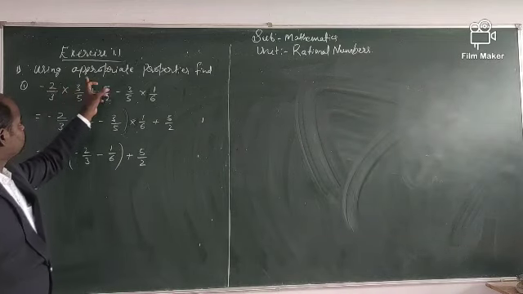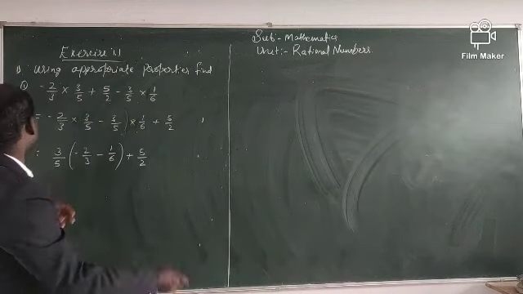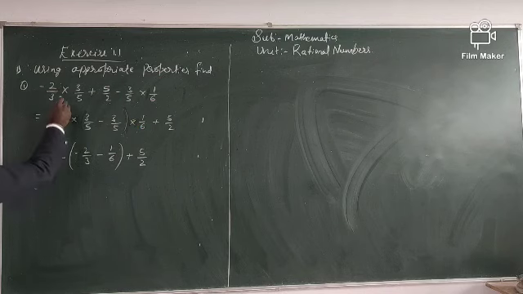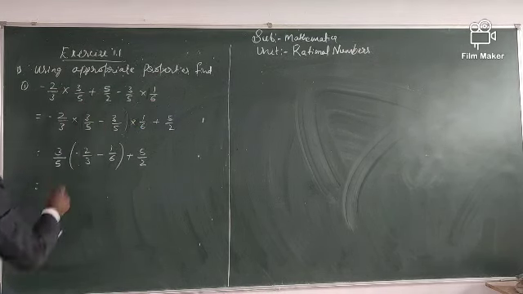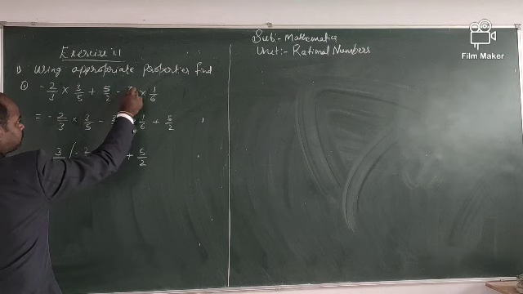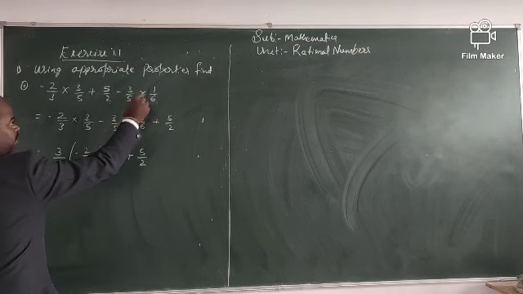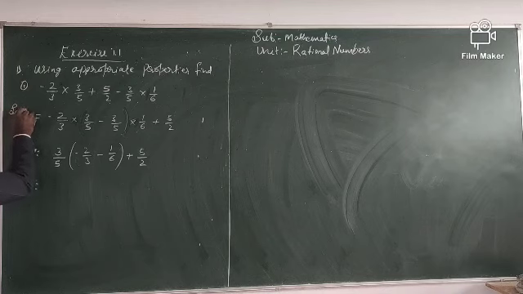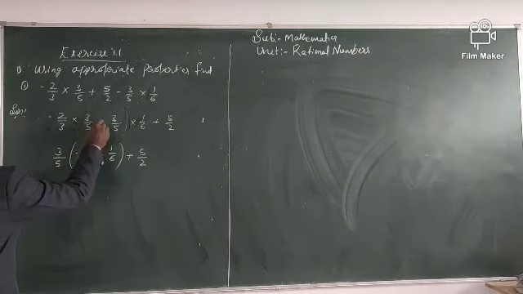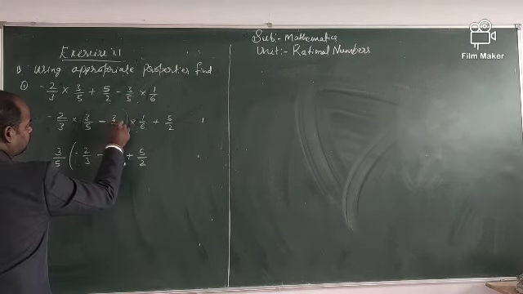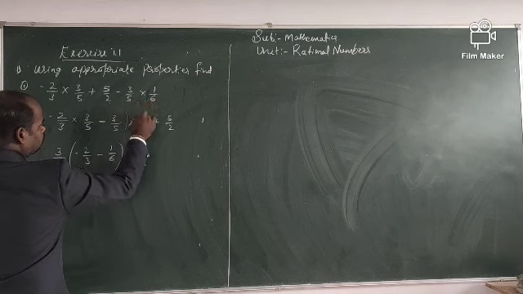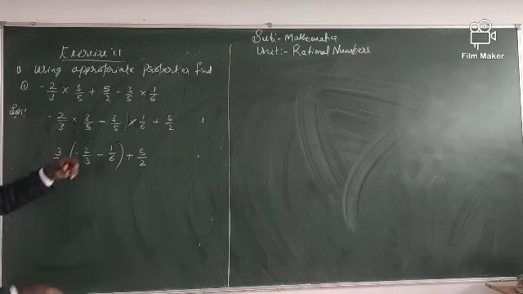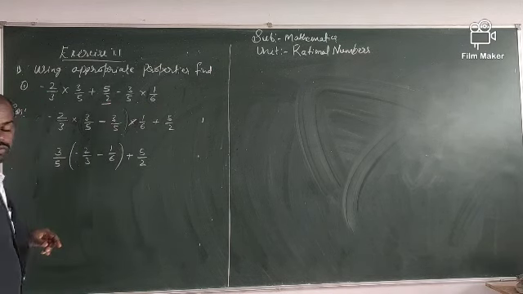First one: using appropriate property, find minus 2 by 3 into 3 by 5 plus 5 by 2 minus 3 by 5 into 1 by 6. I will write the solution here. See, minus 2 by 3 into 3 by 5 minus 3 by 5 into 1 by 6 plus the remainder 5 by 2.